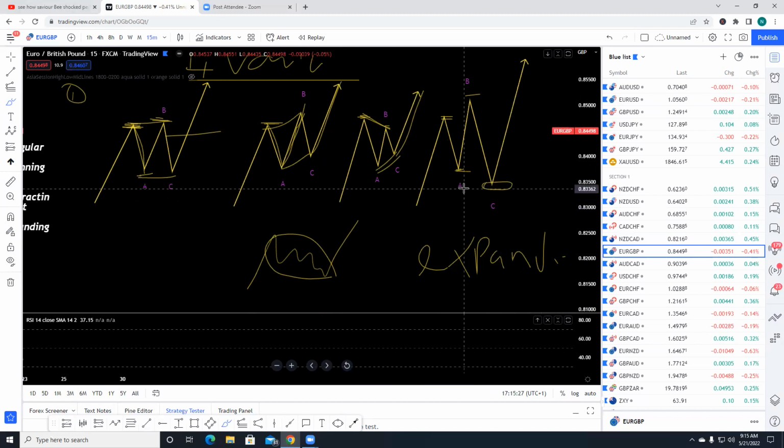Then you know this is an expanding flat corrective structure. When we are doing practical application of Elliott wave theory, I'm going to show you some of these fib levels, conditions, rules, and guidelines practically on the chart, guys, and you're going to love it. You're going to enjoy it because I've enjoyed it so much, and I'm giving credit to my master Victor Manena from South Africa. This is a great guy.